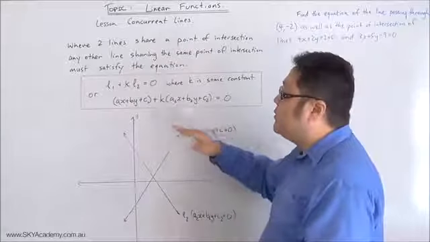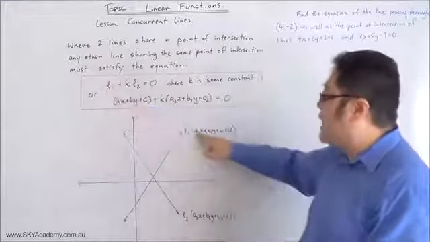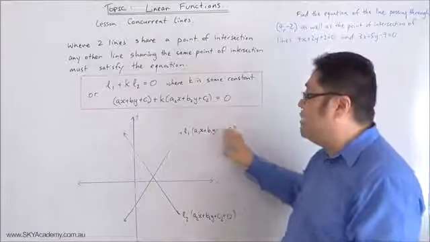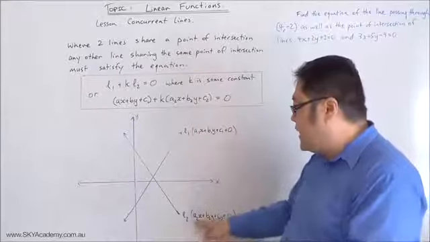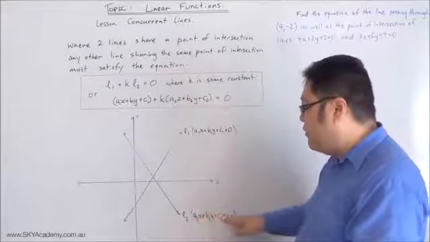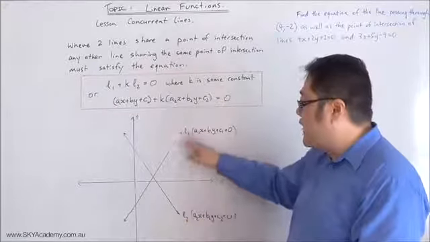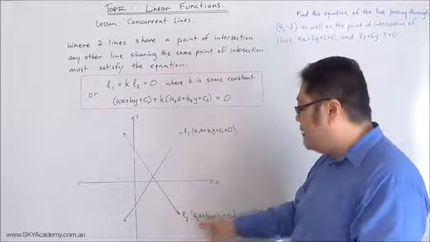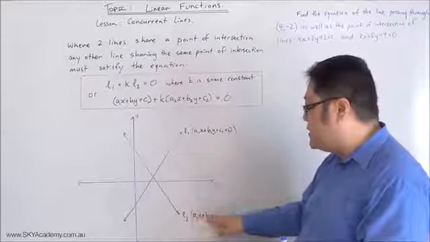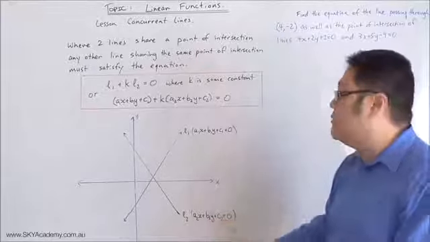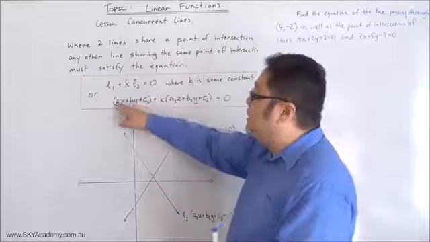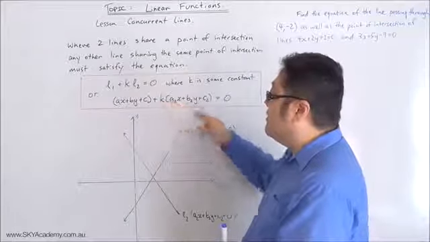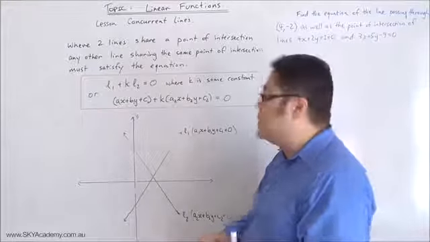Consider that L1 is equal to A1x plus B1y plus C1 equals 0. This is the general form of the first line. And the second line, L2 in cursive, it's not an E, is A2x plus B2y plus C2 equals 0. So the equation is L1 plus some number multiplied by the equation for L2. Does that make sense?